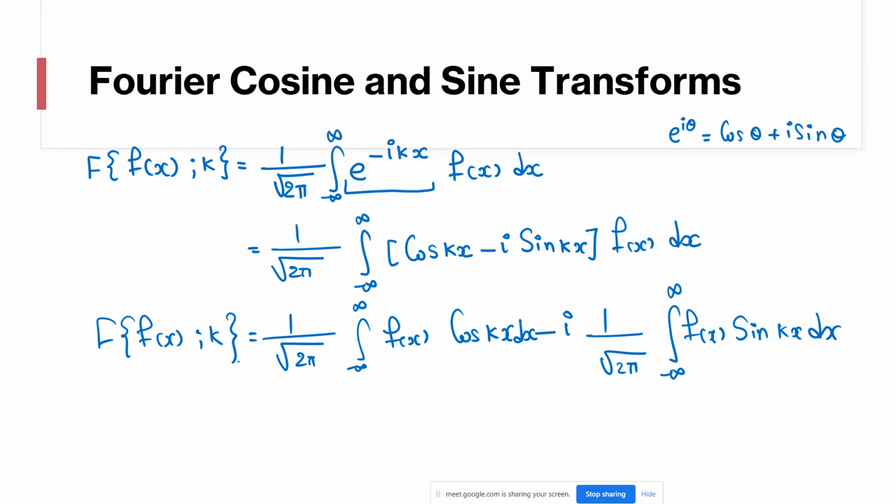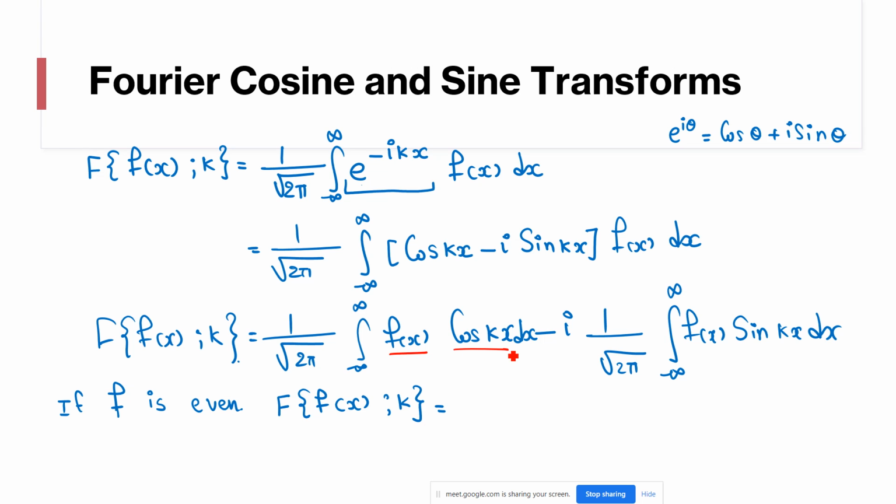What will happen if my f, the function of which I want to find out the Fourier transform, is an even function? The Fourier transform of f of x converted to variable k, if it is an even function, then we can easily observe that this is even, this is even.